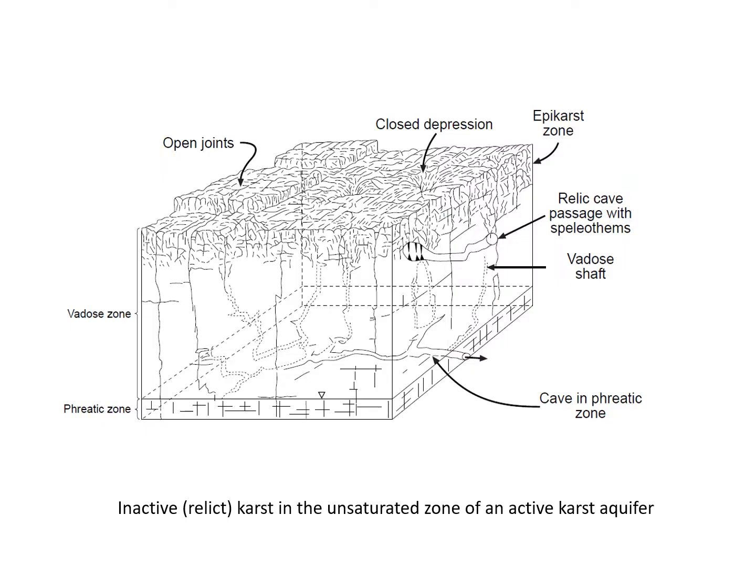So this is what a karst aquifer system might look like. It's a classic conceptual figure used for teaching that has everything that you might possibly see, and in the real world you might see just some of these features, not all of them, but it's really very good for visualization and for teaching.